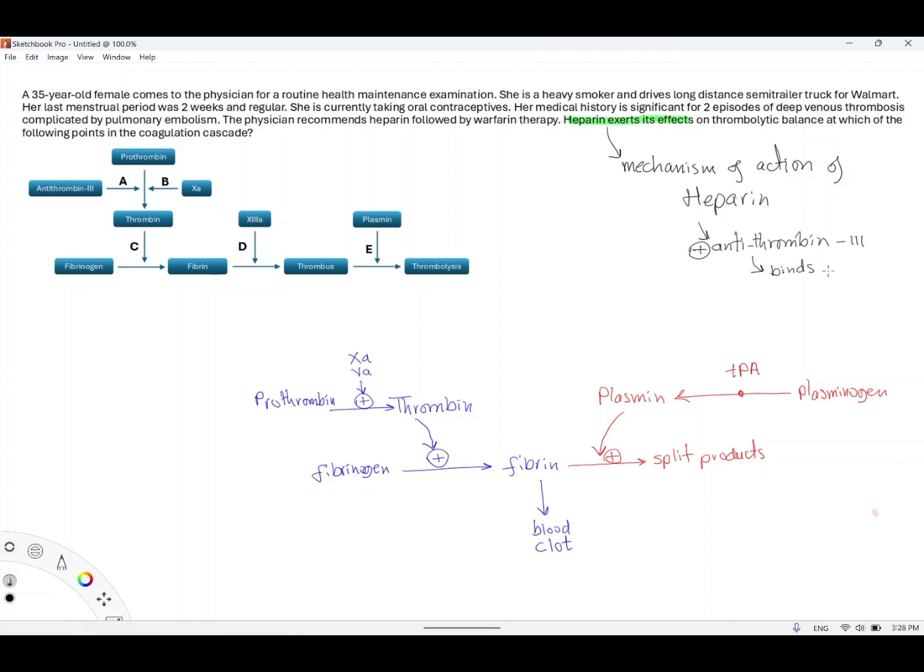Antithrombin 3 then binds or inactivates, so I'll put a negative sign, active factor 10 and active factor 2. It blocks these from participating in clotting. If you attach to an active form of factor 10 and factor 2, they will no longer be available.